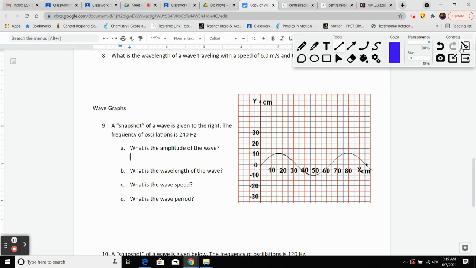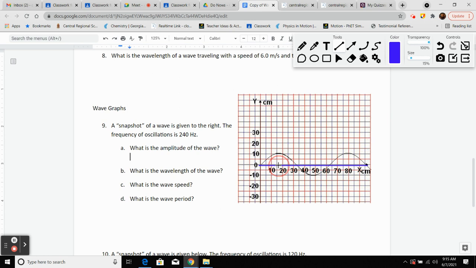So, guys, to find amplitude, from our definitions, that is from the resting position. Let's say the resting position is the blue line. So from the blue line to the top of a crest, or from that blue line to the bottom of a trough. So how high is the amplitude?